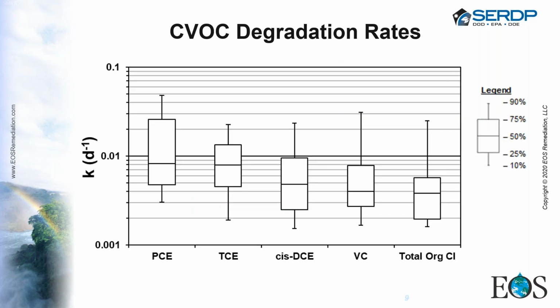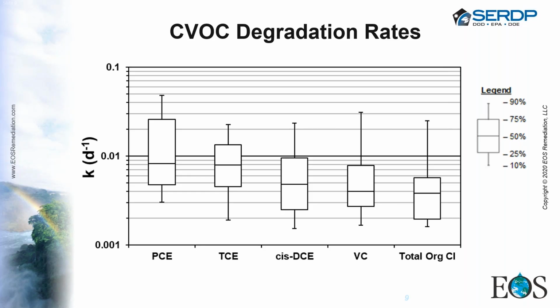Of those sites where compounds were decreasing, we extracted the actual degradation rates. Again, you see that PCE and TCE tend to degrade more rapidly, no big surprise. DCE and vinyl chloride degrade more slowly. Total organic chlorine degrades even slightly slower, or maybe the same as vinyl chloride.